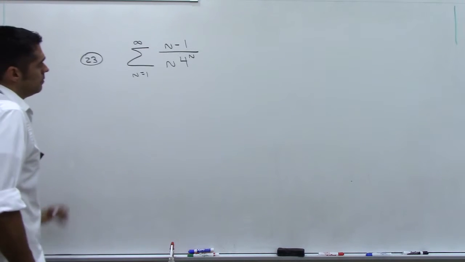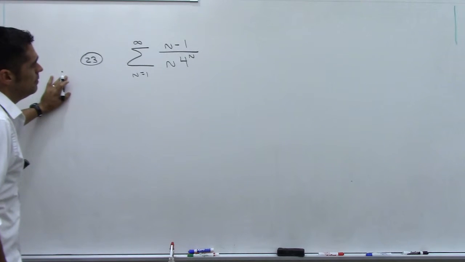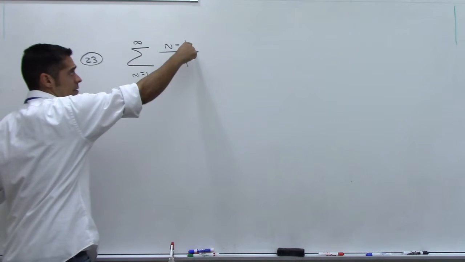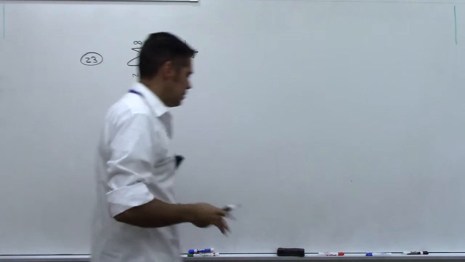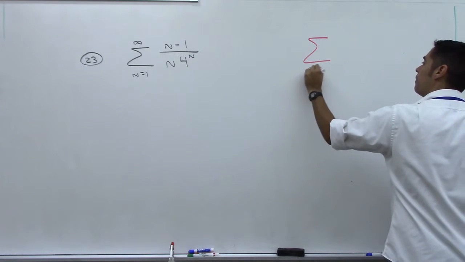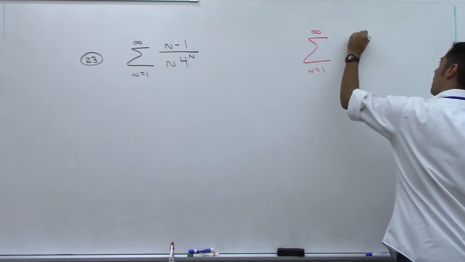Well, comparison, what do we want to compare it to? If n gets really big, the top acts like n, the bottom acts like n. So let's just think about that. The top really behaves like n.